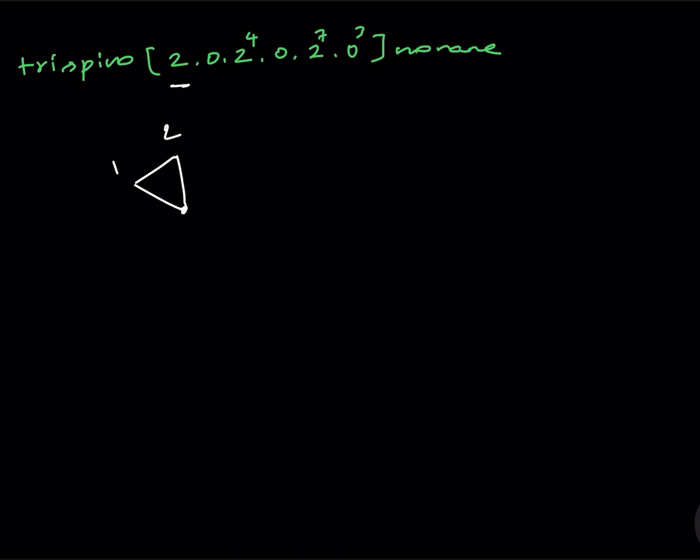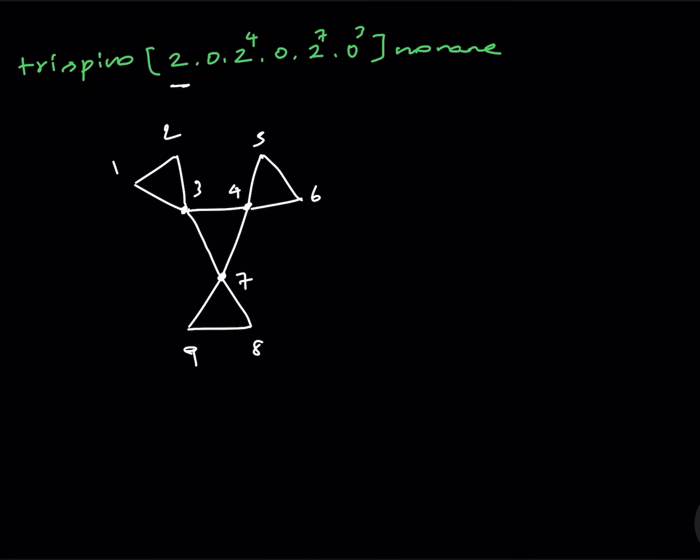So 1, 2, 3, then 0 means it is directly attached to another spiro center, so 4, and then we have 2 again, so 5, 6, then again 0, that means we have another spiro center that is at 7, and then again we have 2, so 1 3-membered ring, 8 and 9, and again 0. So this again 0 means the only way we can connect is 7 and 3. So that completes our structure.